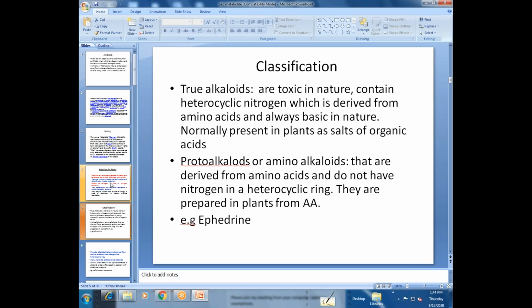Toxic, contain a heterocyclic ring, in the heterocyclic ring it contains nitrogen, derived from amino acids, basic in nature, and present as salts. If you write this, it is enough.